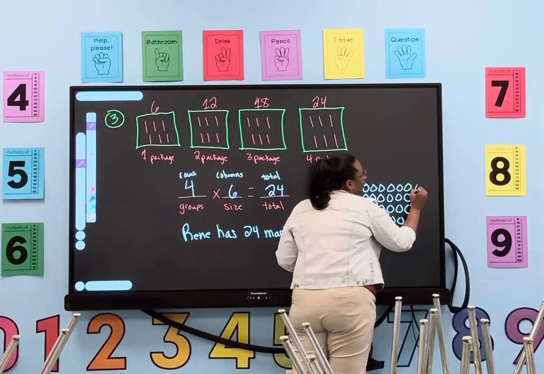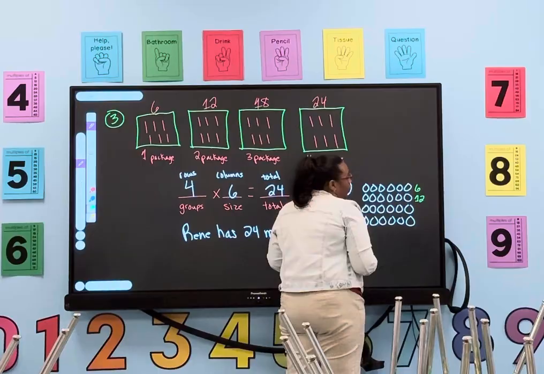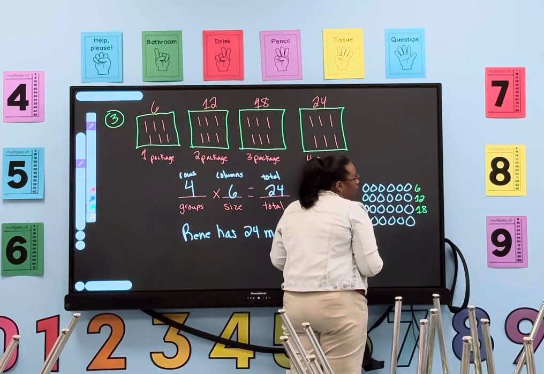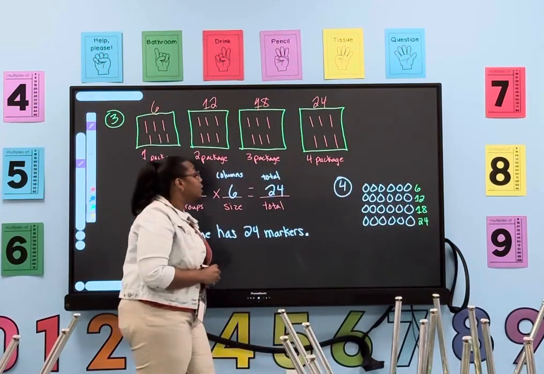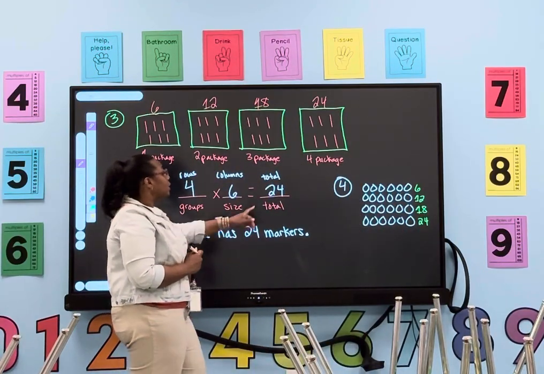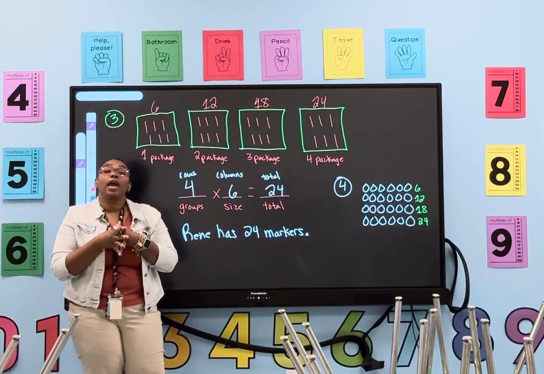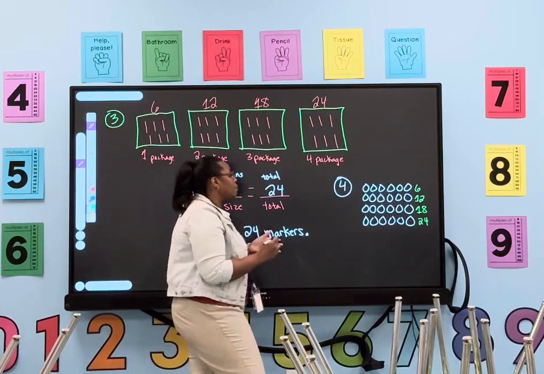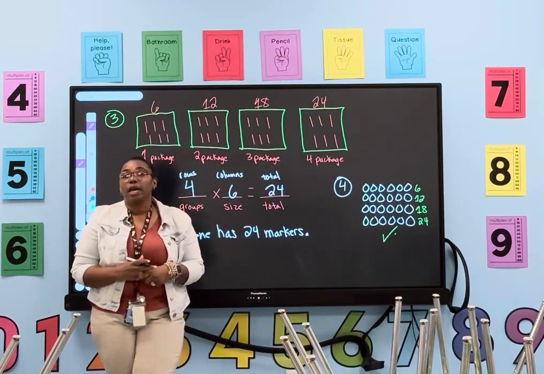This will be 6, then 12, then 18, and lastly, 24. So I got 24. Well, I got 24 for 3. So that's my check that lets me know, hey, I did it correctly because I got the same answer. So that means this checked out and my answer would be correct.